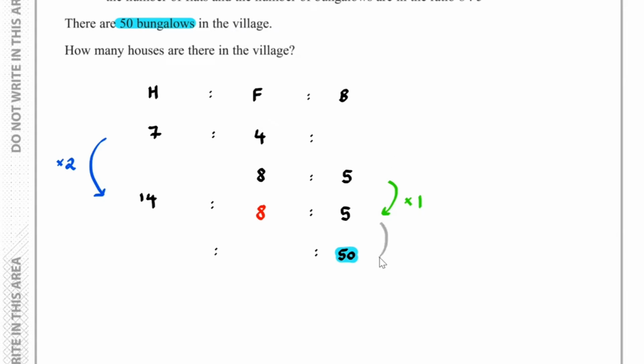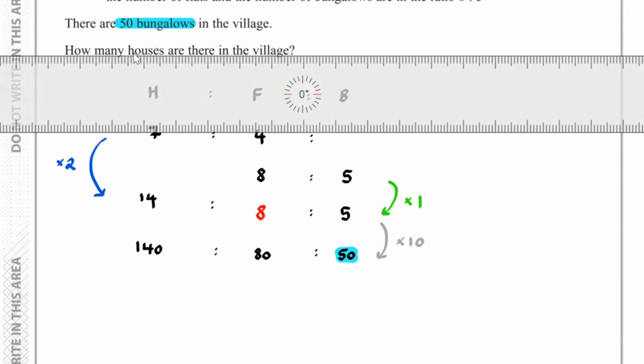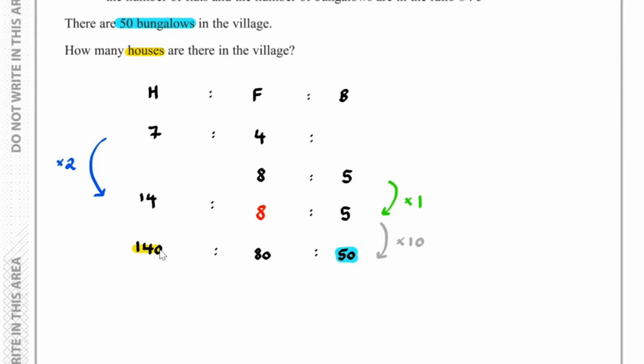Well, I simply multiply by 10, and so if I multiply 8 by 10, I get 80, and if I multiply 14 by 10, I get 140. And so the ratio houses to flats to bungalows, we have 140 to 80 to 50. How many houses are there in the village? That will be 140.